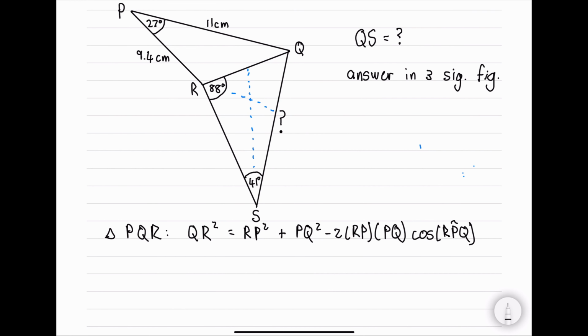Now I'm going to substitute all of the values in. There you have substituted all of your values in, and now you can use algebra to get QR, which is going to be as follows.